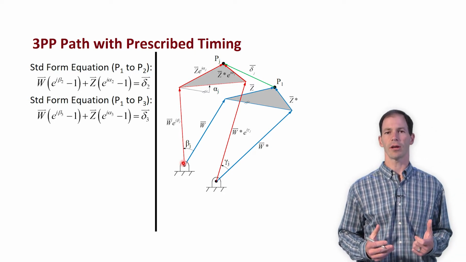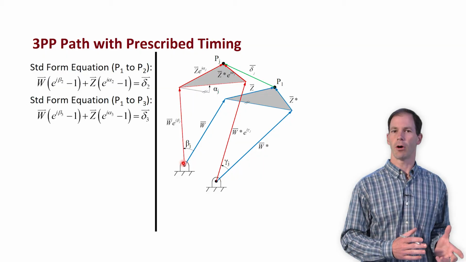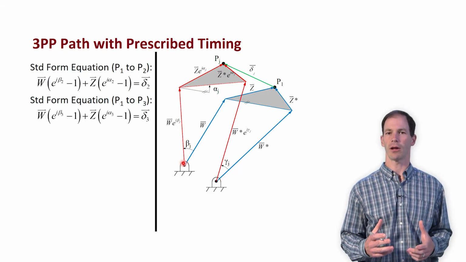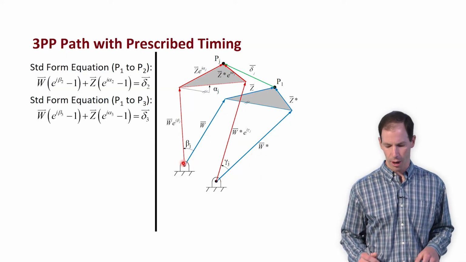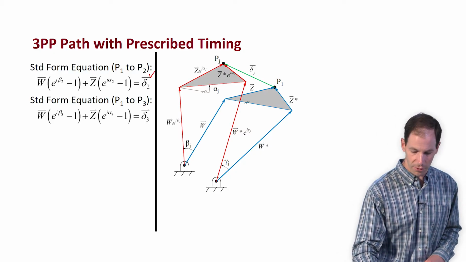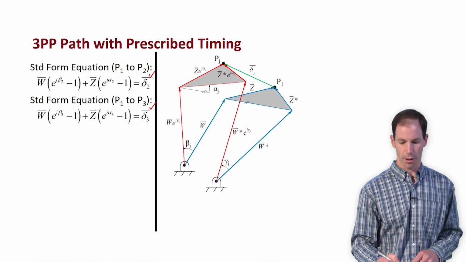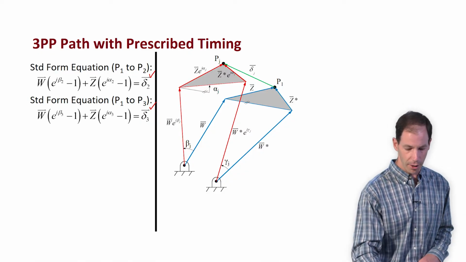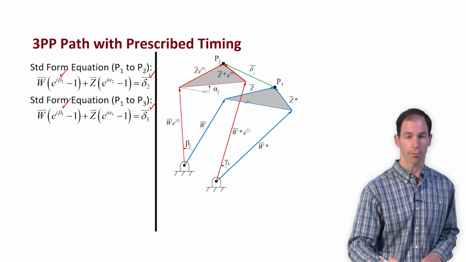Now, as I compare this to the motion case I had before and consider how many unknowns, how many free choices do I have: for prescribed variables, I've got the displacement vectors δ2 and δ3, and I've got prescribed timing angles, which are β2 and β3.